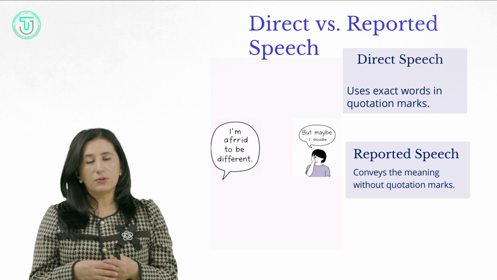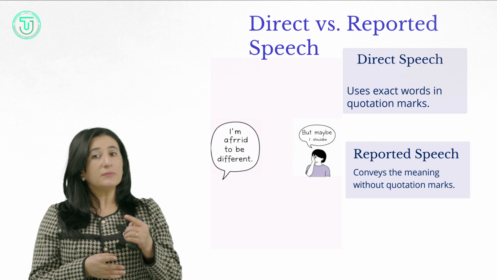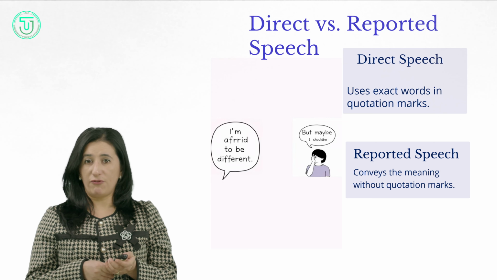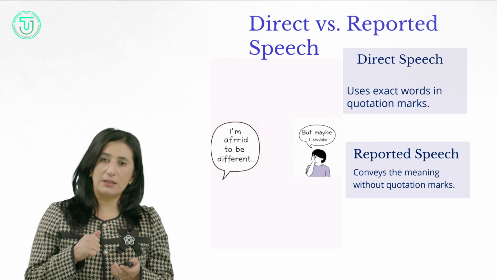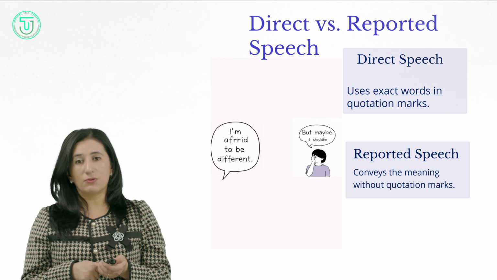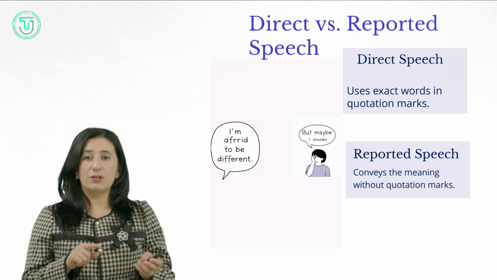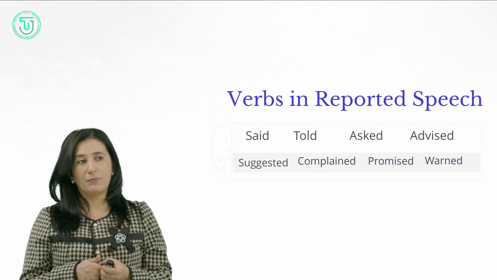In reported speech it should sound like: she says she was afraid of being different, and maybe she should have been. Here, as you see, I'm not using the exact words, but I'm putting it into my speech through that and told.